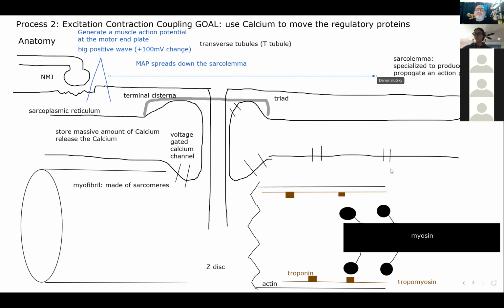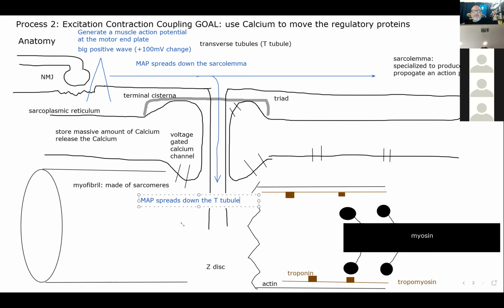So that same muscle action potential that's spreading down the sarcolemma, is there anything stopping it from spreading down the transverse tubule? No, and that's exactly what's going to happen. Our muscle action potential spreads down the T-tubule.